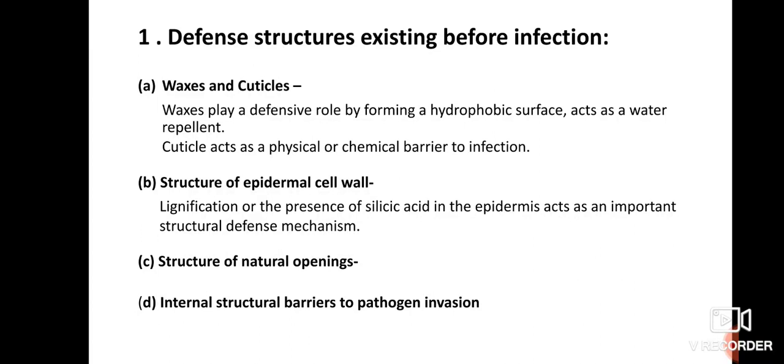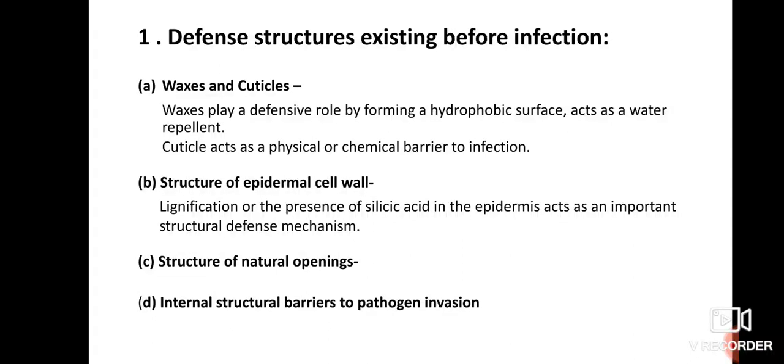First is waxes and cuticle. The cuticle, which consists of cutin and waxes, forms the outermost covering of the epidermal cells and appears as a non-cellular membranous layer.